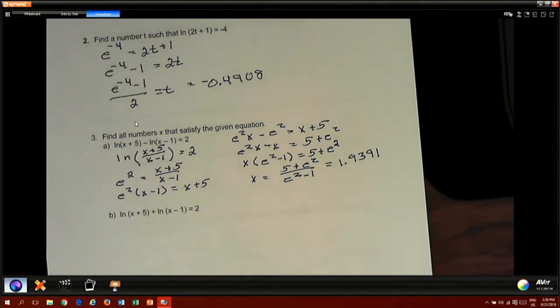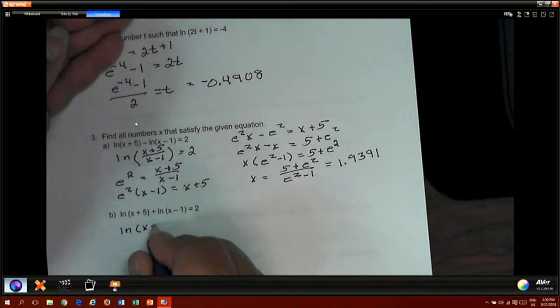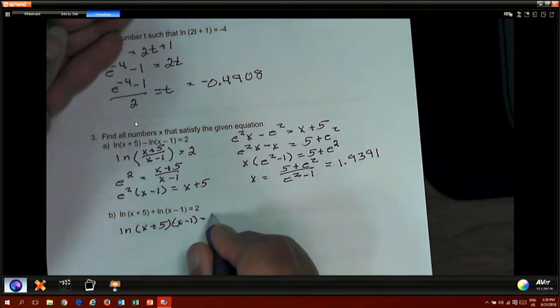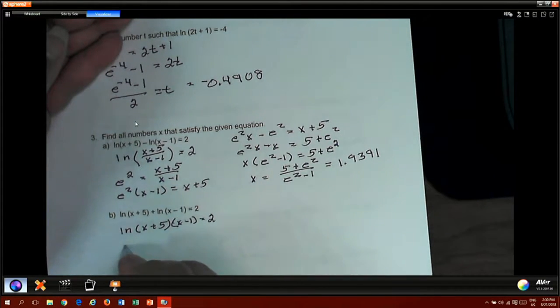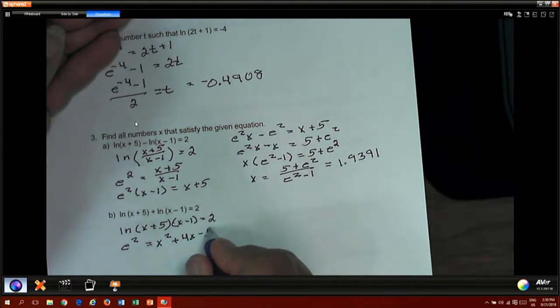Now this next one, we have an addition, so it becomes a product. So ln of x plus 5 times x minus 1 equals 2. So e squared equals x squared. If you multiply it out, we get plus 4x minus 5.